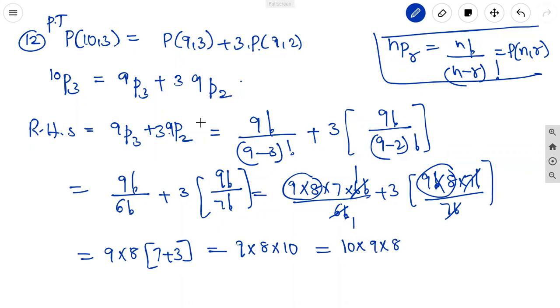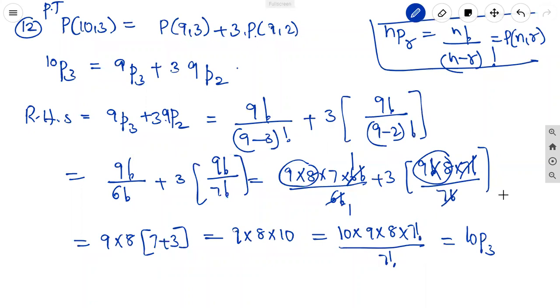To express this as P(10,3), multiply and divide with 7 factorial. Then 10P3 means 10 factorial by (10 minus 3) factorial, so that is 7 factorial. 10 factorial we can write as 10 into 9 into 8 into 7 factorial.